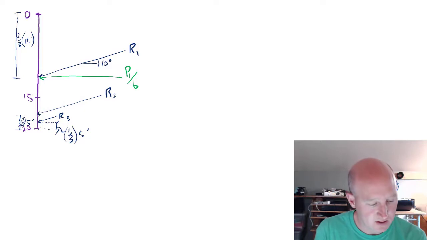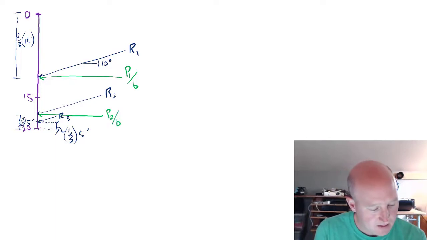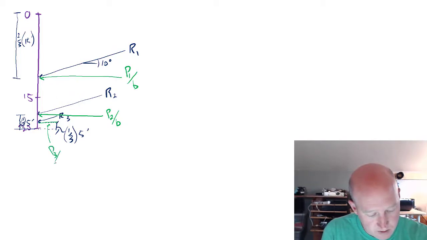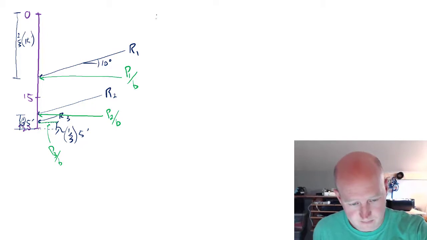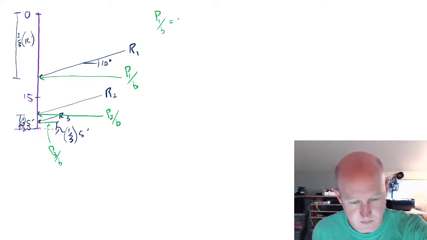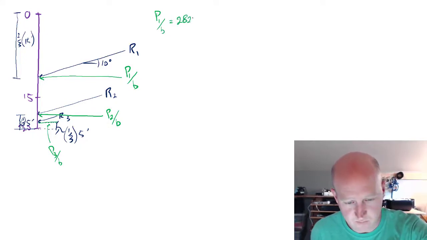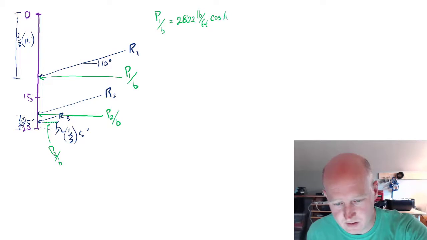And we're going to also get P2 over b, and then finally P3 over b. So we're just going to use the sine rule, so sine and cosine. We're going to take those forces multiplied by the cosine of the angle that it's inclined, which is 10 degrees.